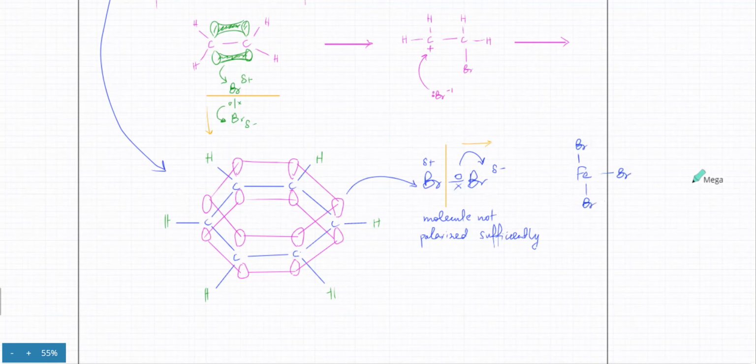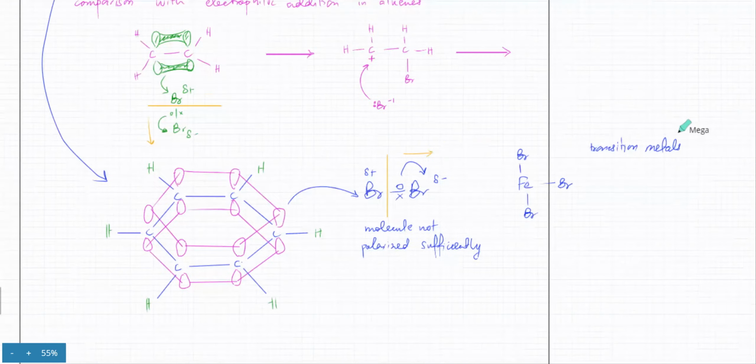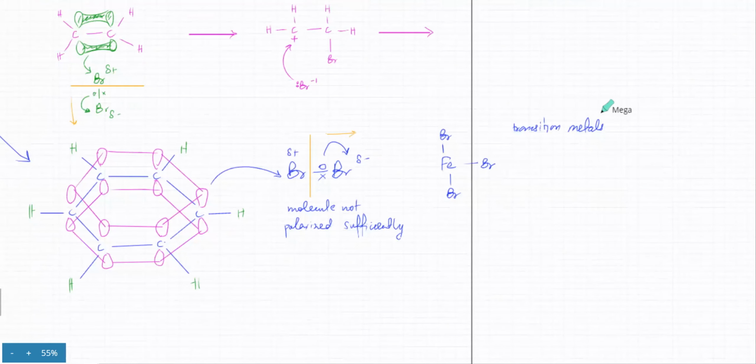So FeBr3 is added. Transition metals have a lot of protons, and transition metals are therefore very good catalysts. We studied this in transition metals. Compared to normal metals, why are transition metals good catalysts? Because normal metals usually tend to just lose electrons, like group one and two.